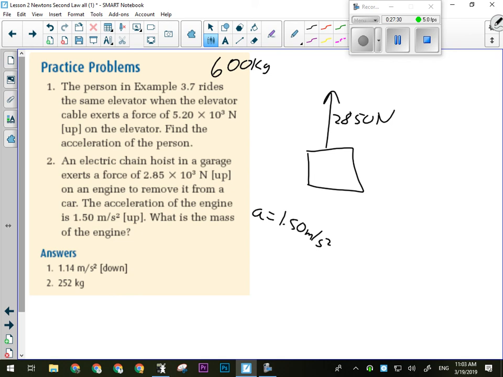This is a bit troublesome because they don't give me the mass of the engine. I have to find it, and that makes things difficult because mass has been part of everything we've done. F equals m times a. Everyone okay with that? But here's the thing. Like we said, F net equals m times a, but in the last question we also found that Fg equals m times g.